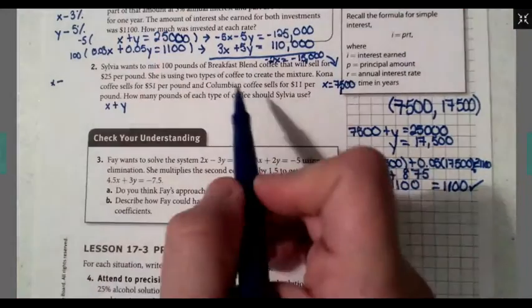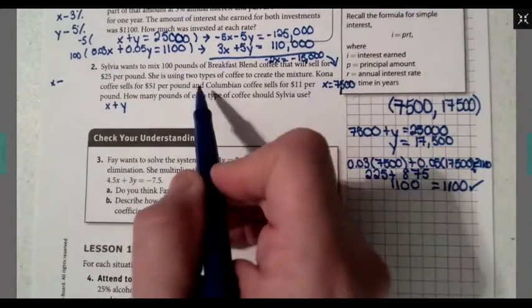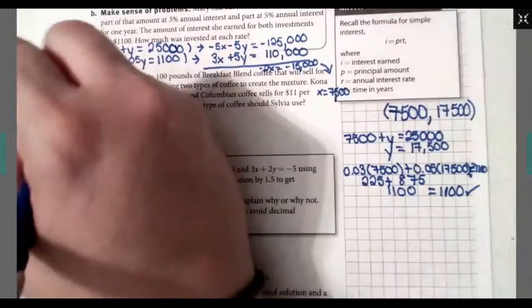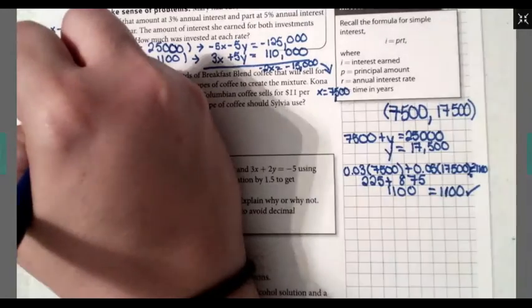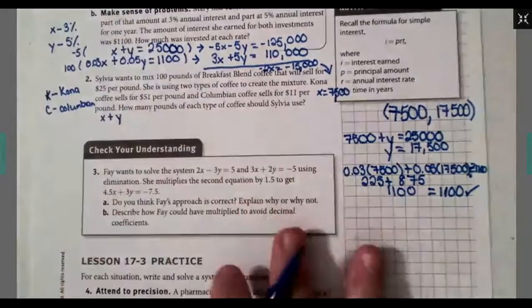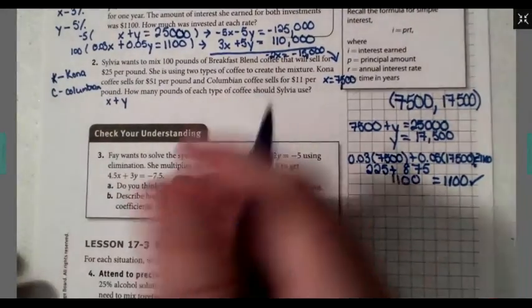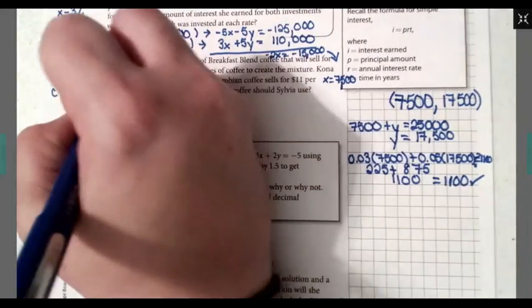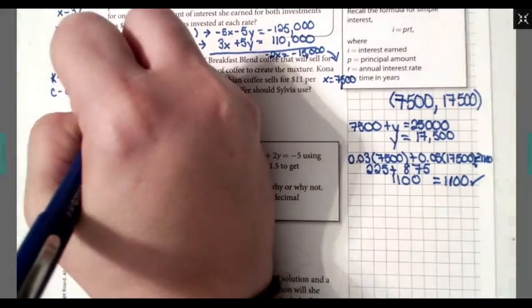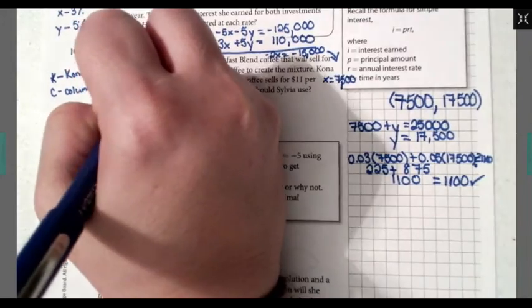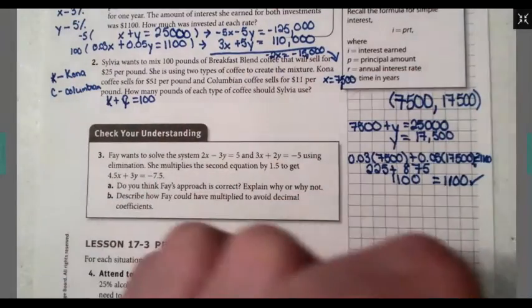Actually, let's not use X and Y. Let's use K and C. K is going to represent our Kona, and C is going to represent our Colombian. And this is how many pounds we have, right? So we're going to say K plus C is going to equal 100 pounds total.